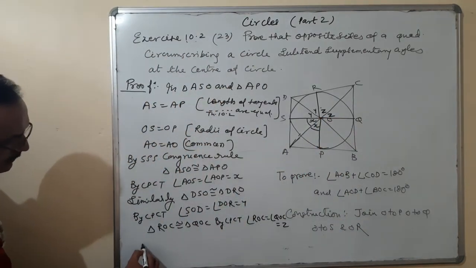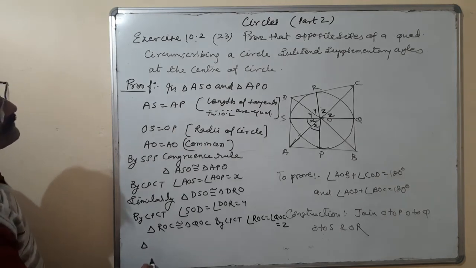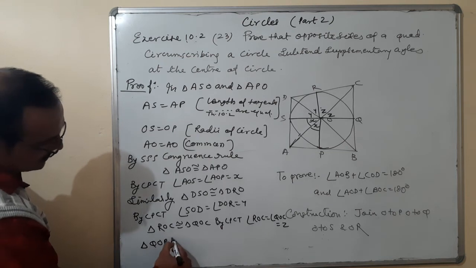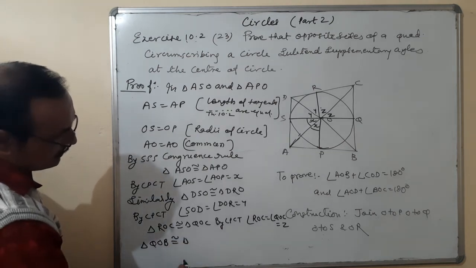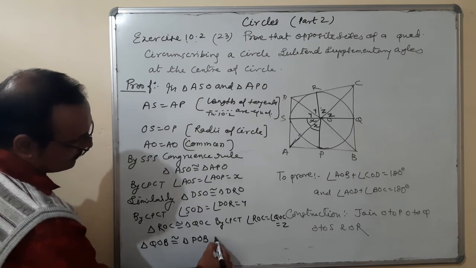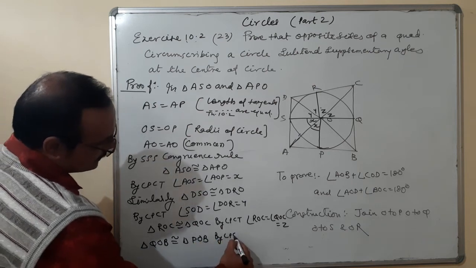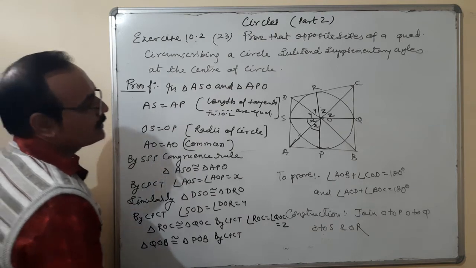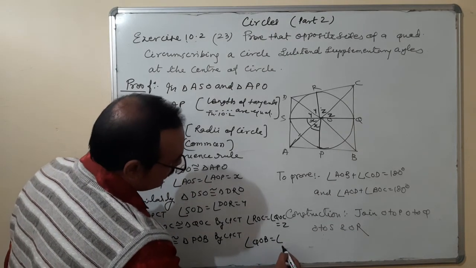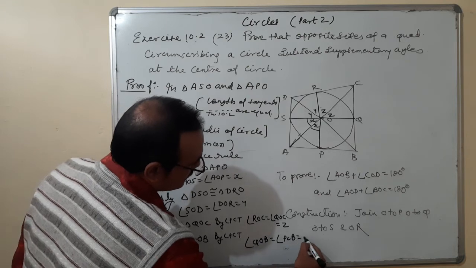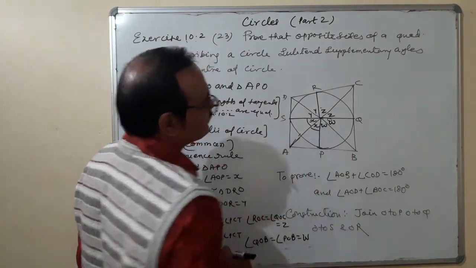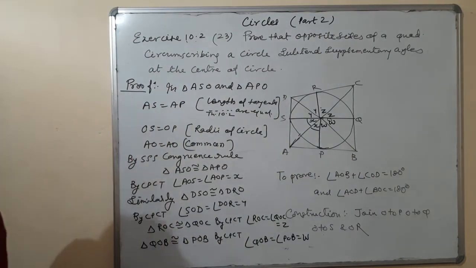And triangle QOB is congruent to triangle POB. Therefore, by CPCT, angle QOB is equal to angle POB, which is W. Is that okay?